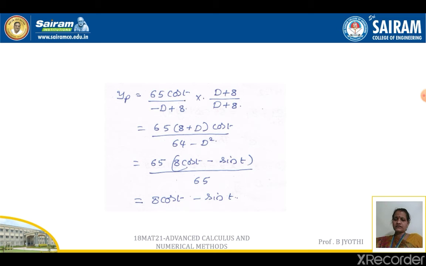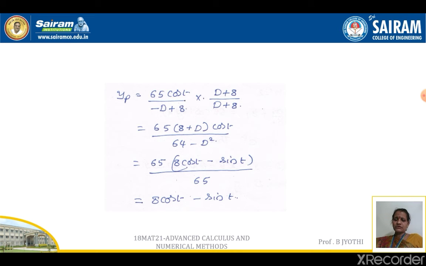And in the numerator, when we expand, 65 times of 8 cos t minus D cos t, where D cos t can be taken as a derivative of cos t, which becomes minus of sin t. And in the denominator, for both the numerator we are having sin t as well as cos t, and the coefficient of t is 1.